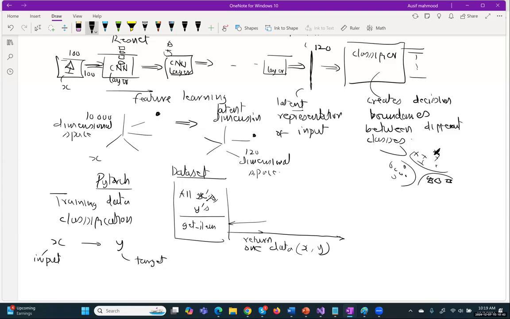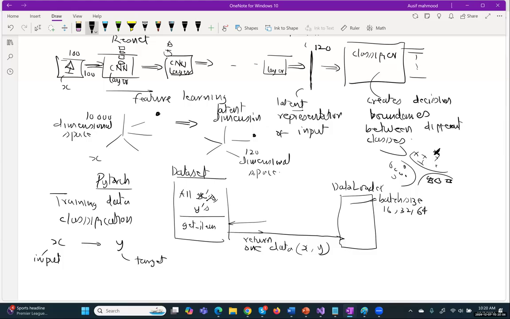Typically with the dataset, we create a data loader, and the data loader decides on the batch size. Usually we use a batch size of 16, 32, or 64 with images.